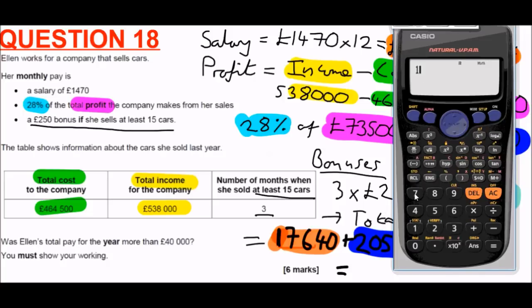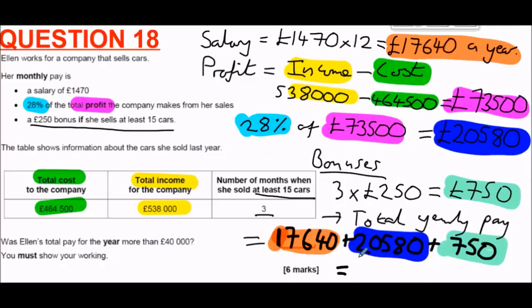So 17,640 plus we said it was 20,580 plus the bonuses, which amounted to £750, and the total pay for that year was £38,970.